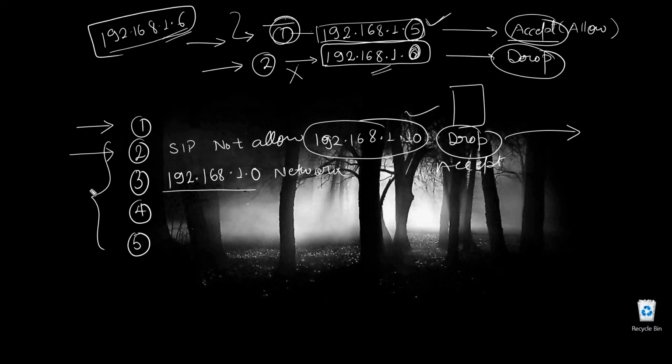So the main thing is that the rules are checked from top to bottom, right? So that's why whenever we are adding the rules, it asks whether you want to add the rule at the top or at the bottom, correct? So let me delete it and switch to our practical.